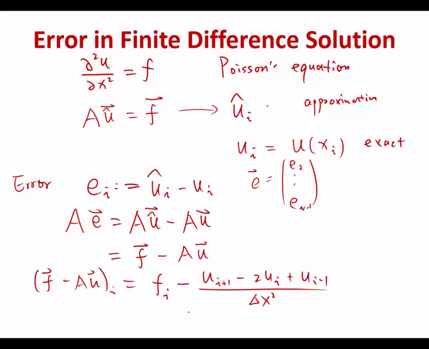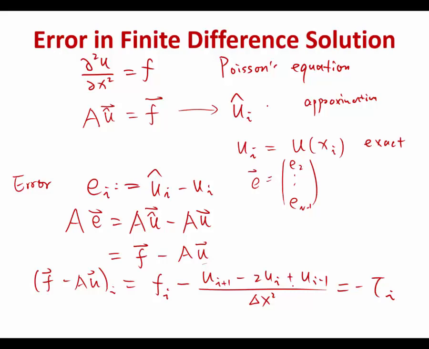And we can apply Taylor series analysis to the analytical solution. Actually, we have already done that. This is the truncation error, because the truncation error is the difference between the finite difference approximation and the analytical second-order derivative of u.